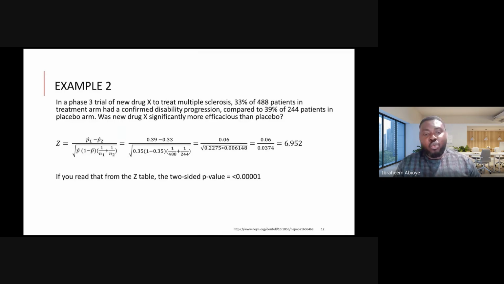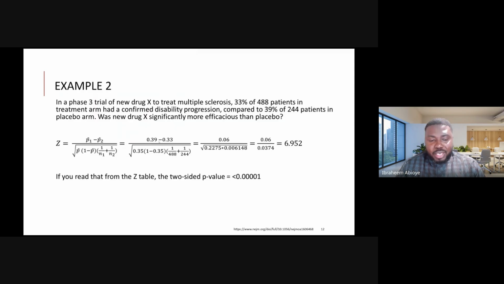Was the new drug more efficacious than placebo? So the first thing you'll do is calculate the proportion in the treatment group, and that is 33%. You calculate the proportion in the placebo group, and that is 39%.